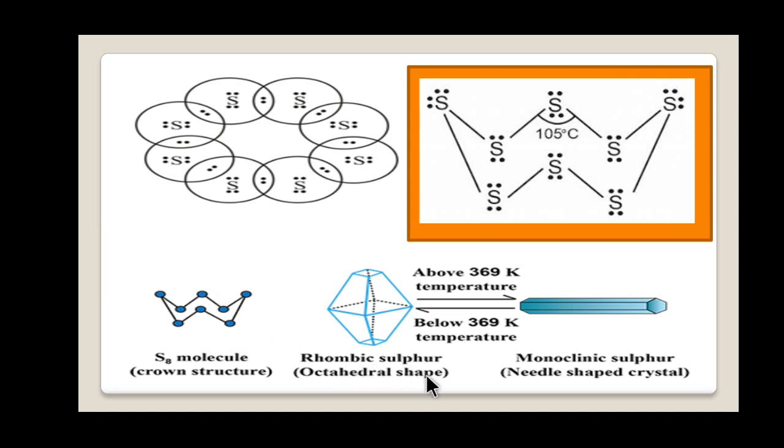It is the octahedral shape of rhombic sulfur and the needle shape of the crystalline form of monoclinic sulfur. Rhombic sulfur is converted to monoclinic sulfur above 369 Kelvin, and monoclinic sulfur is converted to rhombic sulfur below 369 Kelvin.